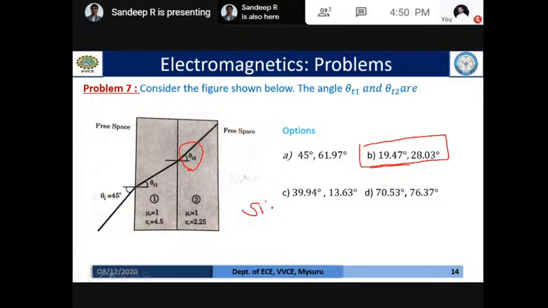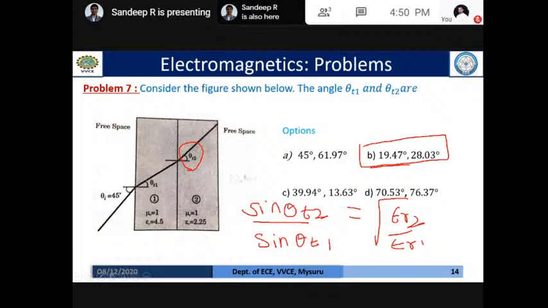So that is sine theta T2 divided by sine theta T1 is equal to root of epsilon R2 divided by epsilon R1. Now this becomes the second medium, and this is the first medium. So epsilon R2 is 2.25 and epsilon R1 is 4.5.